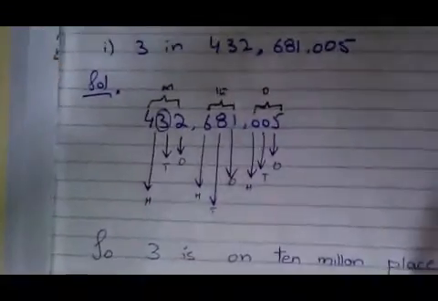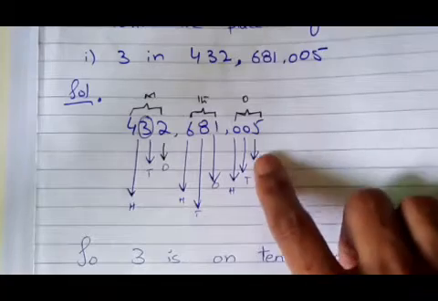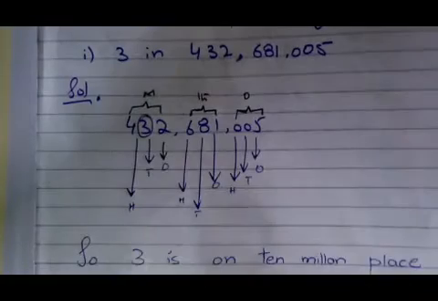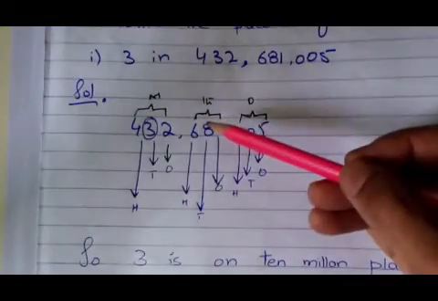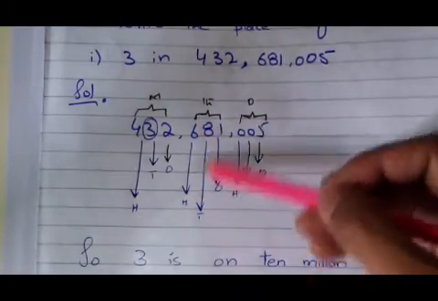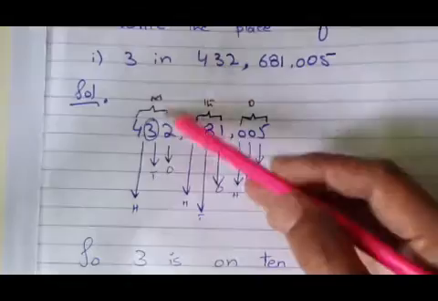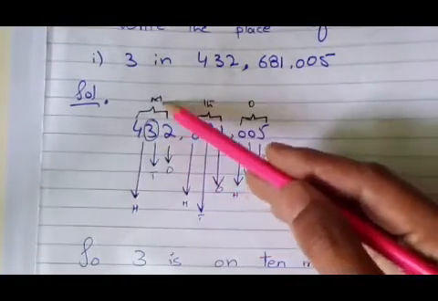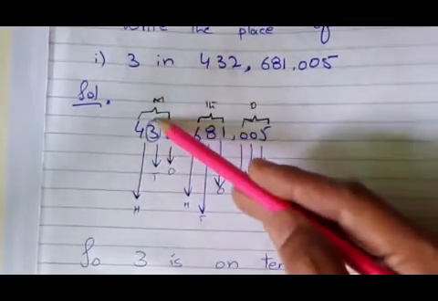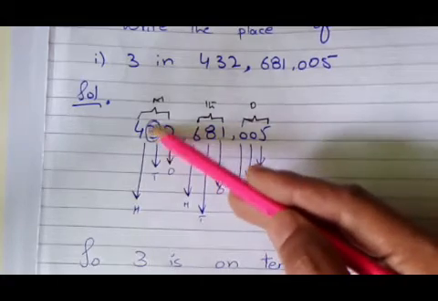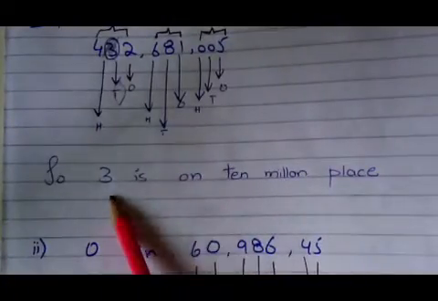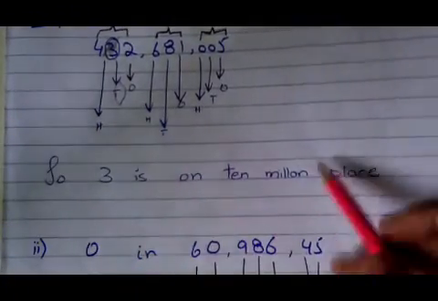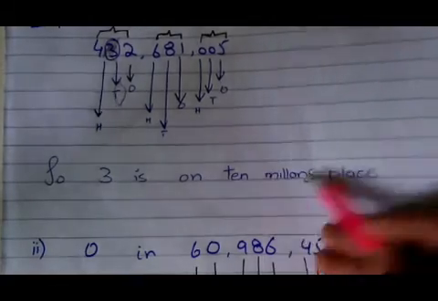Look at this, I have prepared for you: 5 is on ones, 0 is on tens, 0 is on hundreds, 1 is on 1,000, 8 is on 10,000, 6 is on 100,000, 2 is on 1 million, 3 is on 10 million, 4 is on 100 million. Here we are asked about 3, so where is 3? Tens million. So write the answer in this way: 3 is on the 10 millions place.